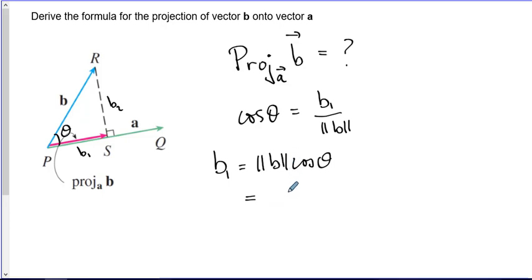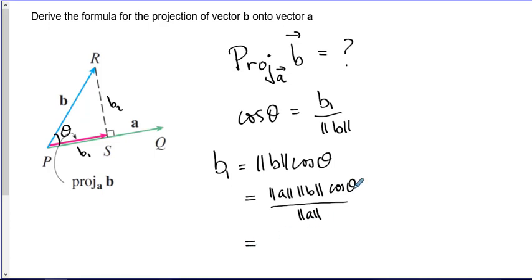If I multiply the top and the bottom by the magnitude of A, I won't have changed it, but I will put it in the form I need. So multiply the top by magnitude A, but I don't want to change this, so I'll multiply the bottom by magnitude A.